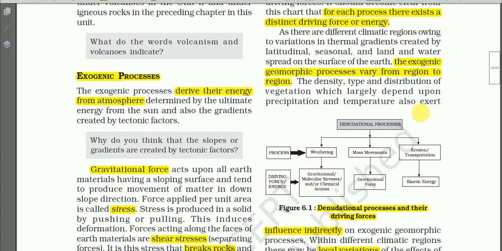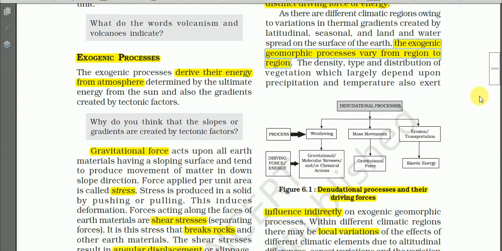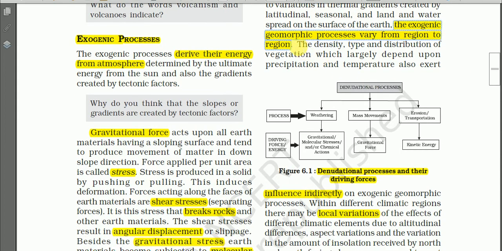You must know that the exogenic geomorphic processes vary from region to region, depending on the type of climate. The density, type and distribution of vegetation, which largely depend upon precipitation and temperature, also exert influence indirectly on the exogenic geomorphic processes.